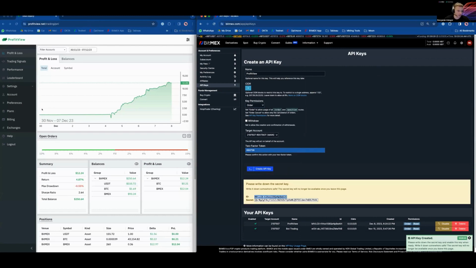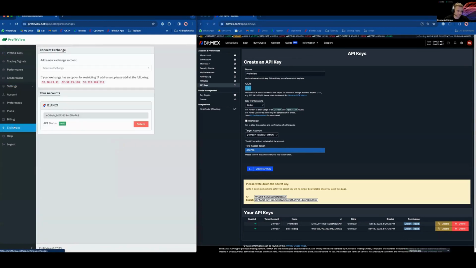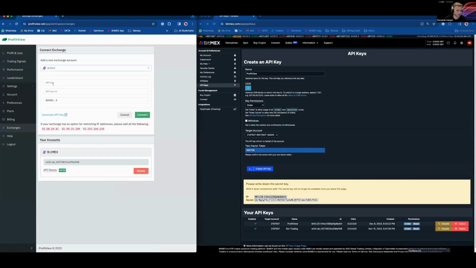Now, on my next step, I'll go to my ProfitView settings. So you open settings, you go to exchanges. Here I have one set up already, but if I were to set up a new one, I go up here, select an exchange, go to BitMEX, and I copy and paste my ID in here and my secret in here. And I will call it BitMEX ProfitView.